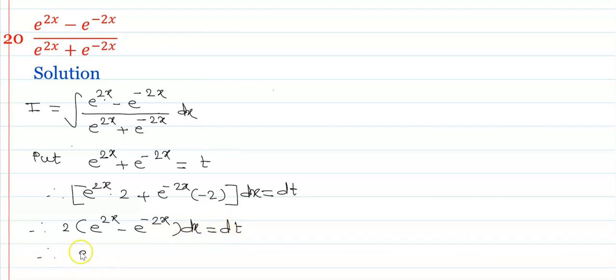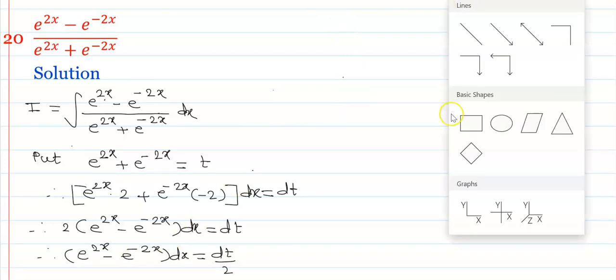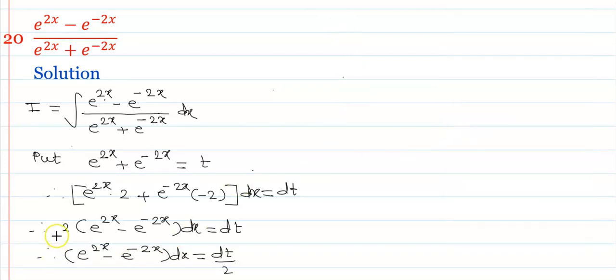Hence e raised to 2x minus e raised to minus 2x, this bracket, into dx equals dt upon 2. Okay, this is the value, and again this square bracket here is the important value.